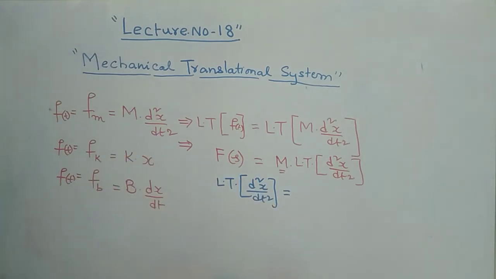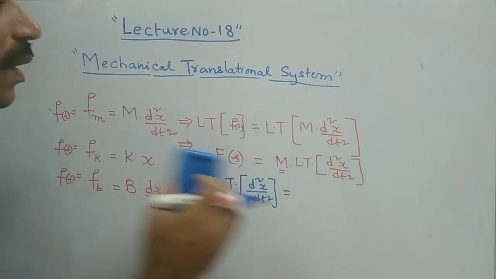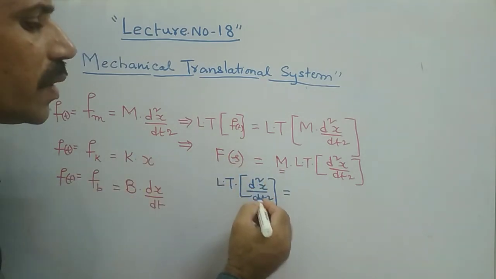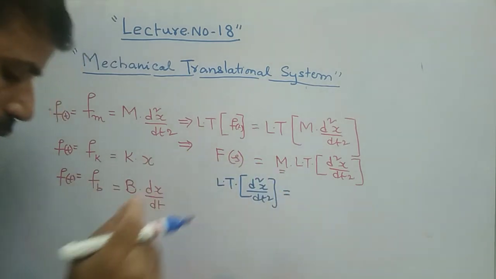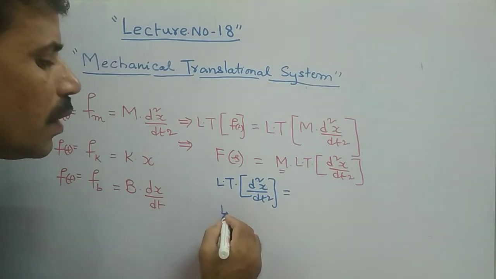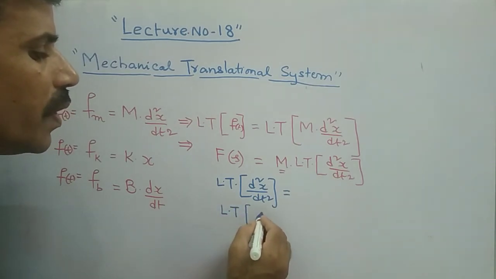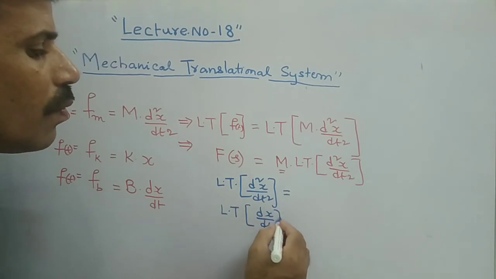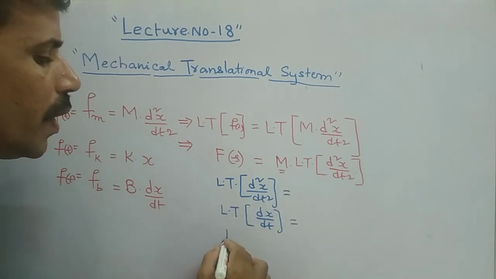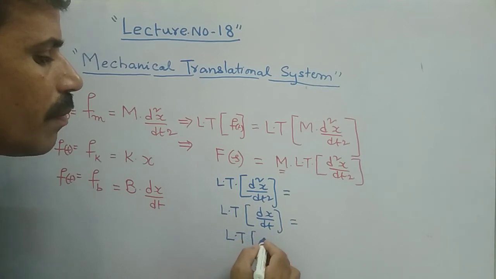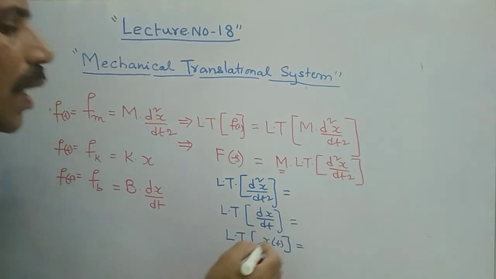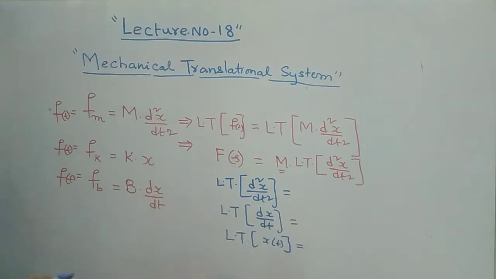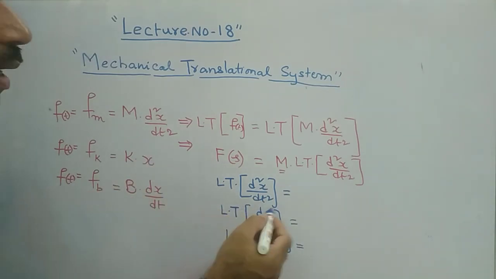So otherwise you simply can remember. As we have the second derivative, if you have the first derivative, I will write this also for your understanding. dx by dt is the first derivative, and L of t of x of t, what is it?